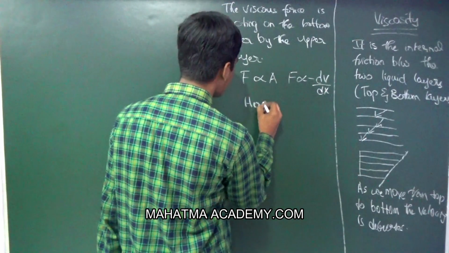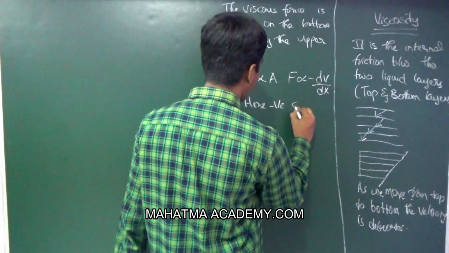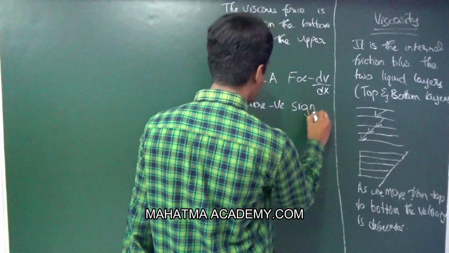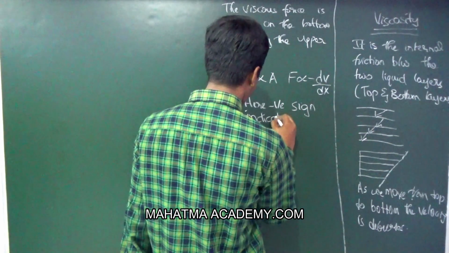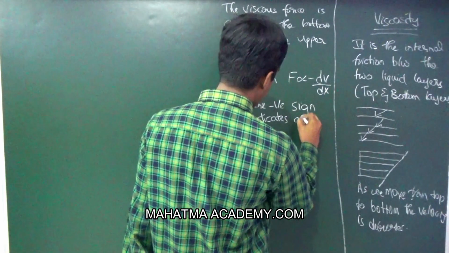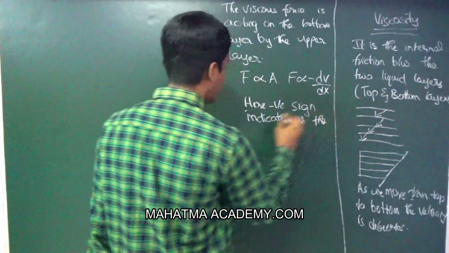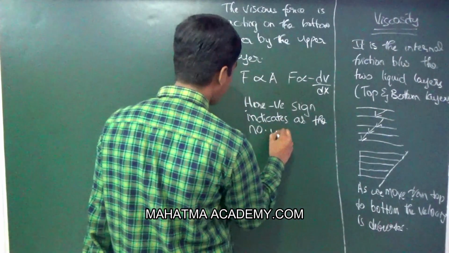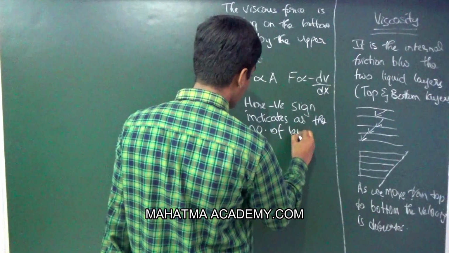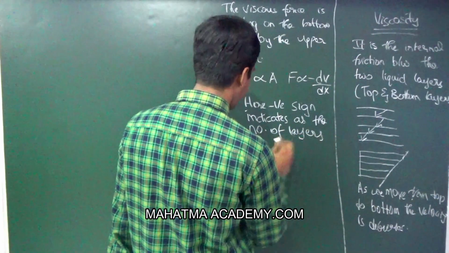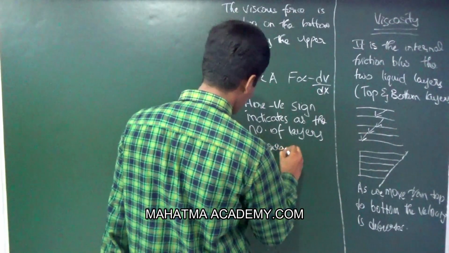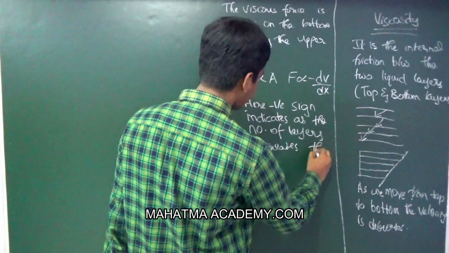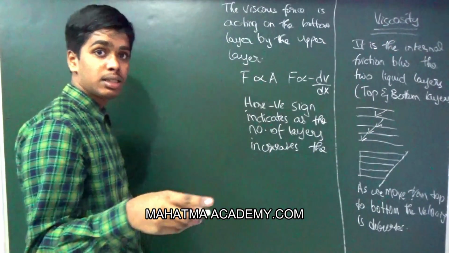Here the negative sign indicates that as the number of layers increases, the velocity will decrease.